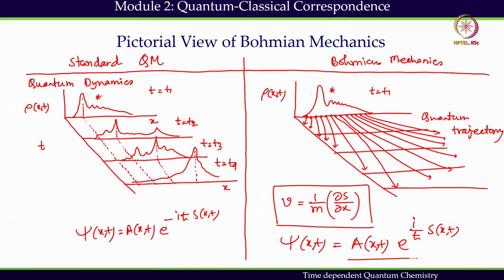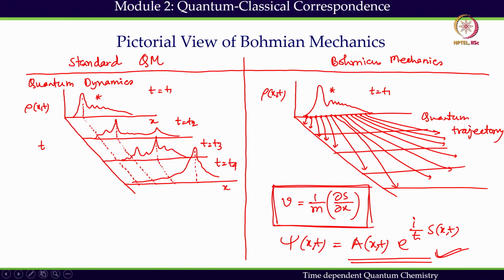We have used this form because this conveniently leads to certain useful information, and if I use this kind of form, then I get the individual velocity of the particle for each possible initial position.